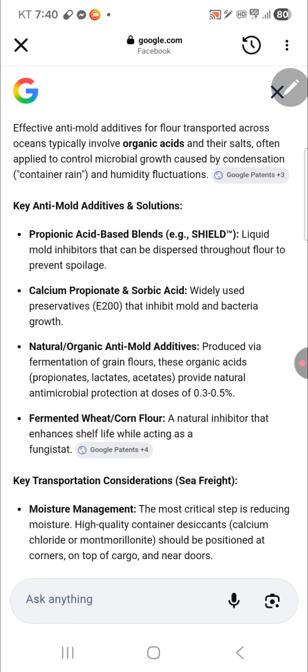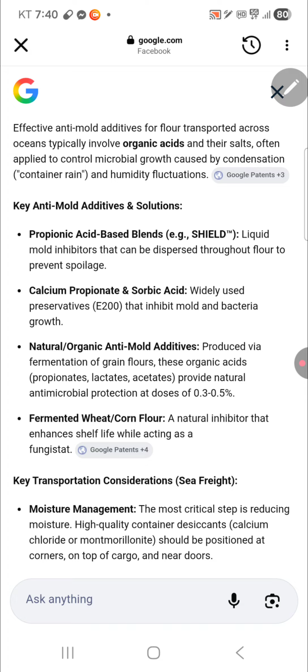So I see a lot of labels that describe their contents with sorbic acid, natural organic anti-mold additives produced via fermentation of grain flours.